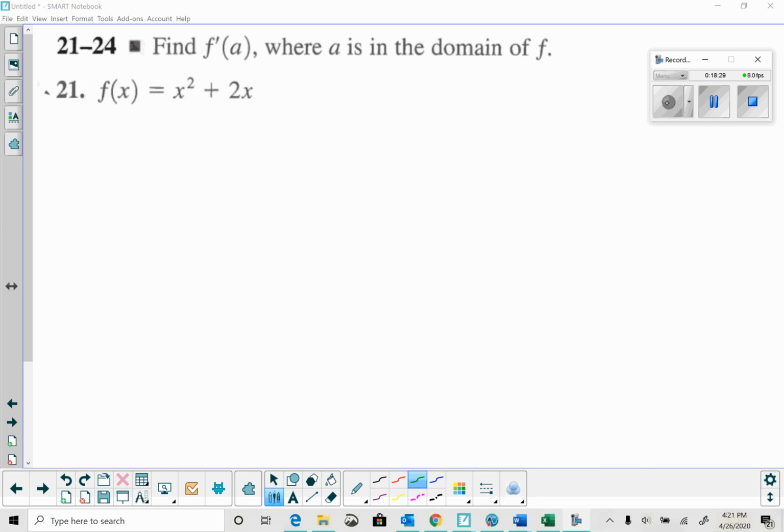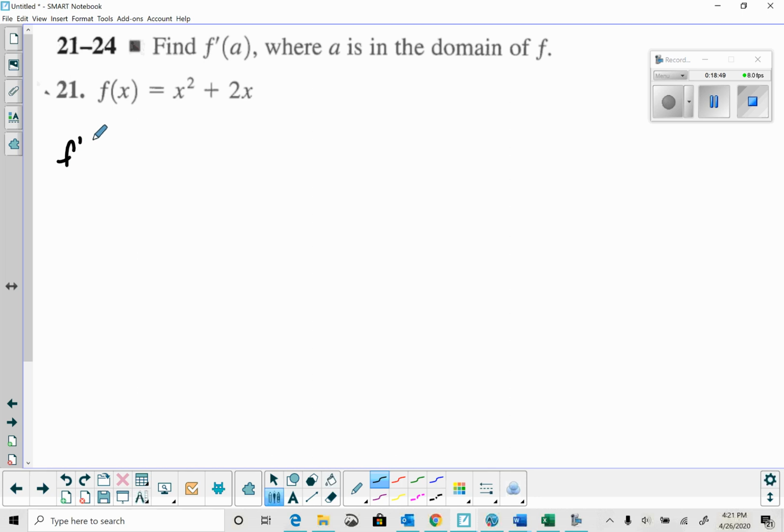All right, for 21, I actually copied the directions this time. Find the first derivative, f prime of a, where a is in the domain of the function. All right, so we're going to approach this just a little bit differently with their definition of a derivative.